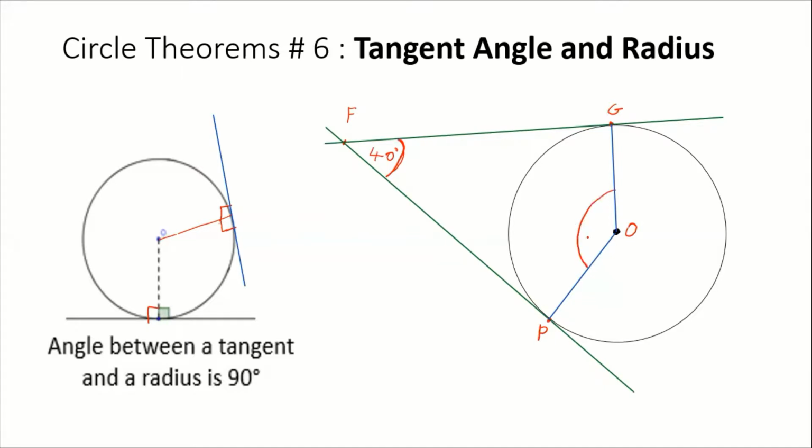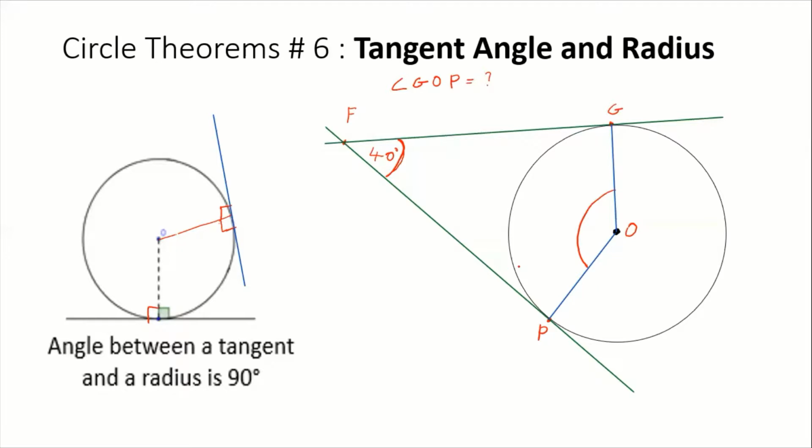They want us to determine that angle at the center there. In other words, they want us to determine angle GOP. That's the angle that they want us to find. So that's all the information that we have. Now, how could we determine this angle here at the center?